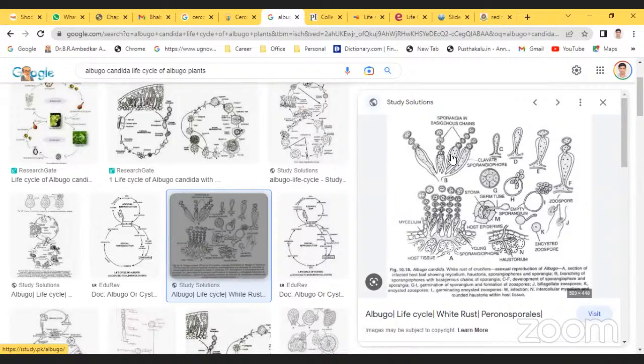The disease is caused by Albugo candida or Cystopus candidus, also called white rust fungus. Here two types of reproduction are there: sexual reproduction and asexual reproduction.